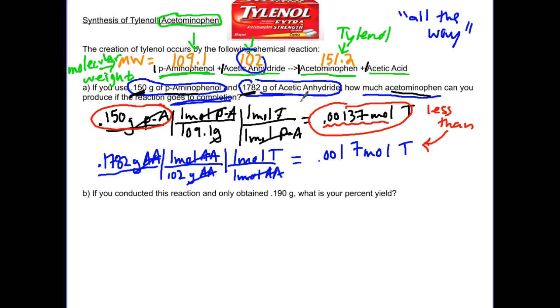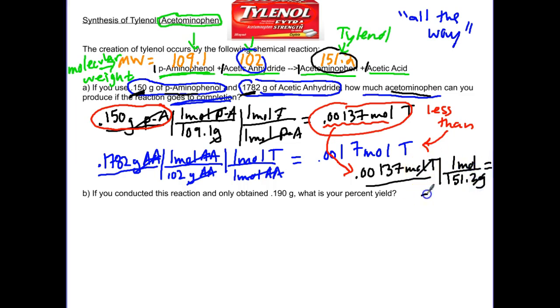But I want to figure out how many grams that is. So let's just drop this down. I want to convert this into grams. So this is just a simple moles to grams, one-step conversion using the molar mass. 0.00137 moles of Tylenol. The molar mass of Tylenol here is 151.2 grams per 1 mole.